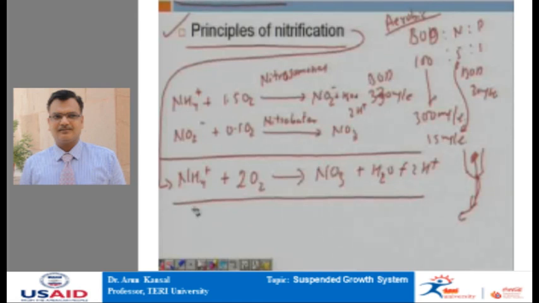The first reason why it is a slow process is the generation time of nitrifiers. They have a long generation time, that is, they multiply at a slow rate; the time required for multiplication is much more. So, the growth rate of nitrifiers is less. Why is it less?